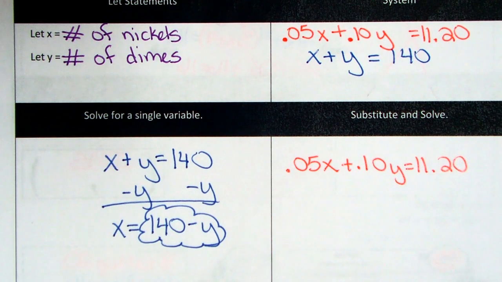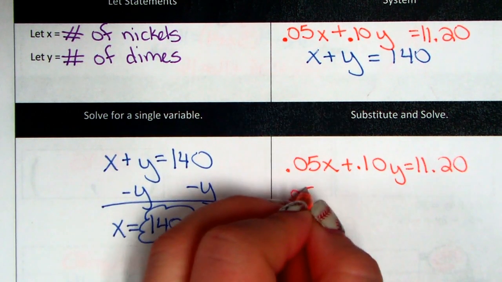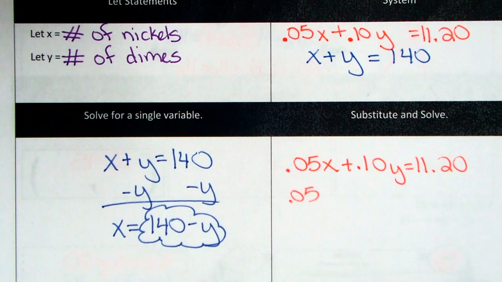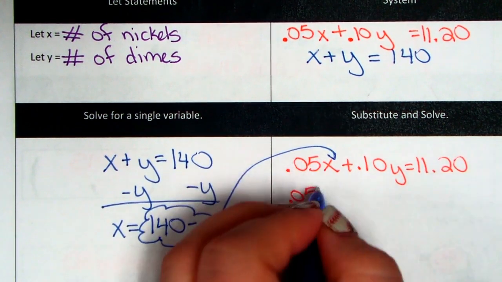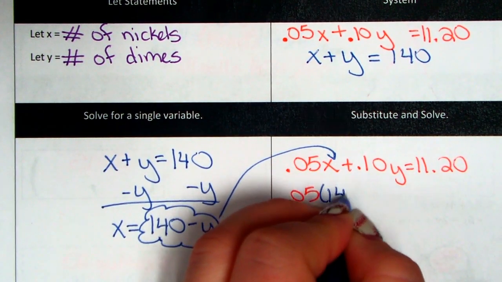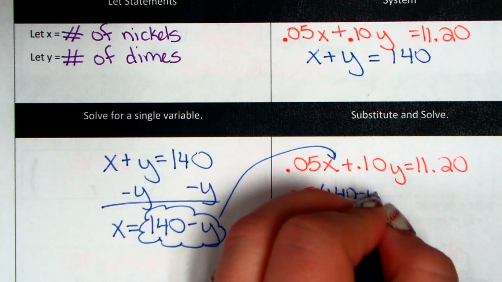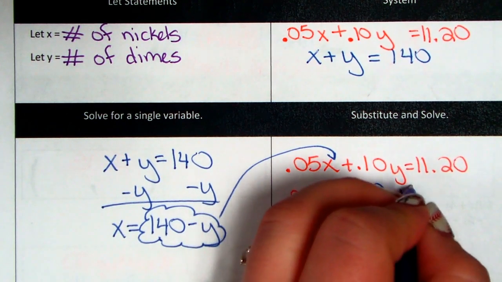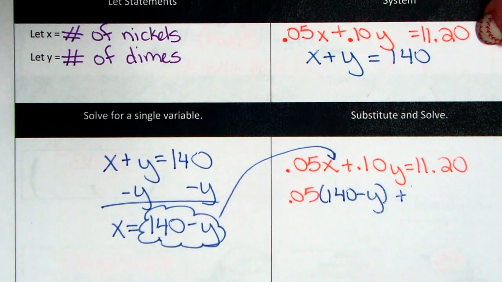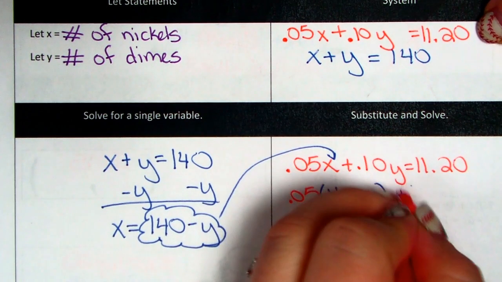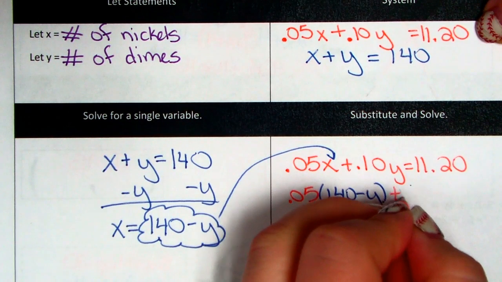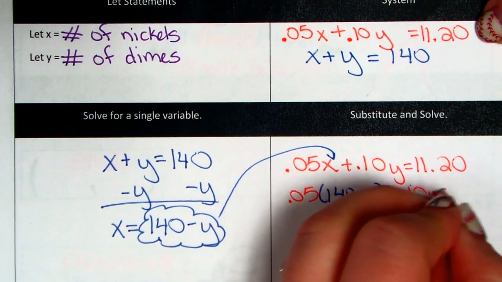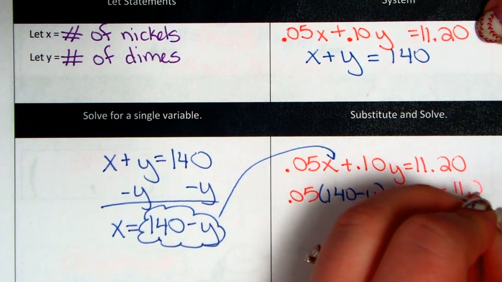So we'll have 0.05 times our expression for X. That is going right in here. So 140 minus Y, plus our 10 cents times Y, equals $11.20.